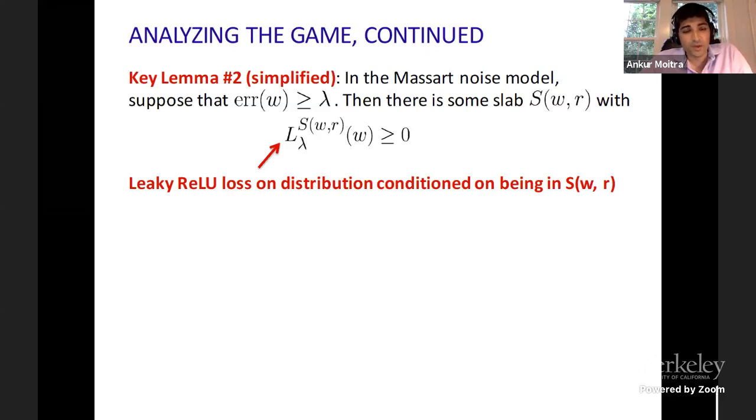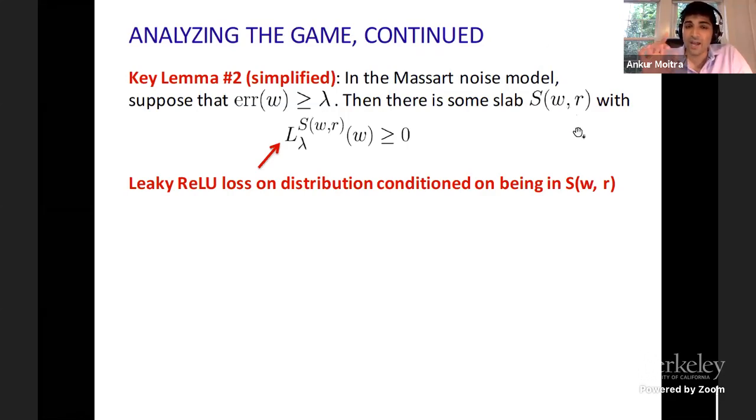If you're in the Massart noise model, suppose the error of your current hypothesis W, and by error I mean the 0-1 loss, is larger than lambda, where again, lambda is the parameter of your leaky ReLU loss. Then I claim there is some slab.